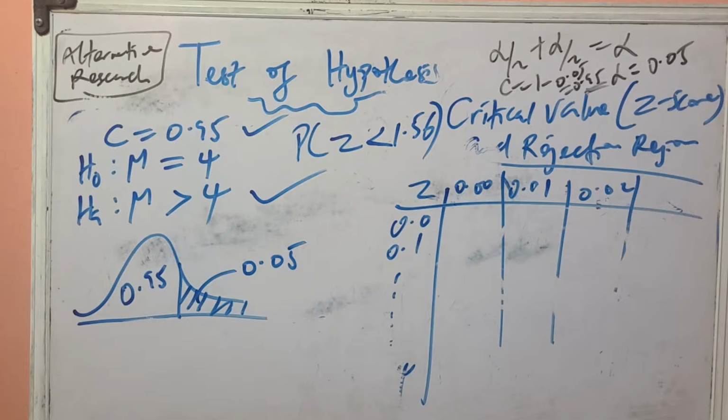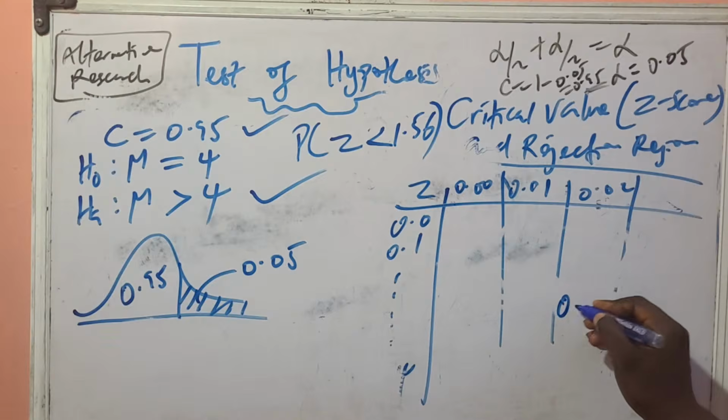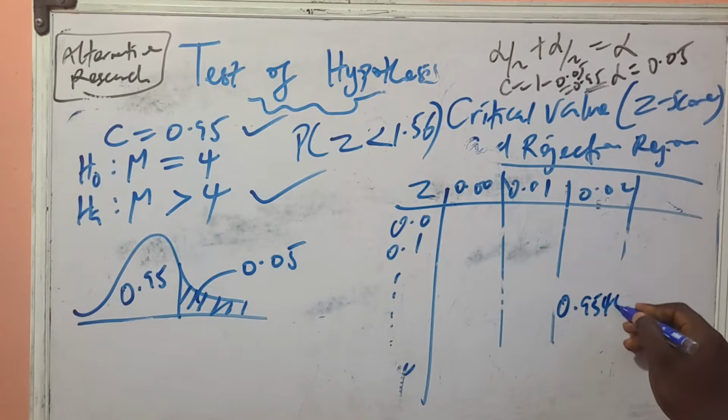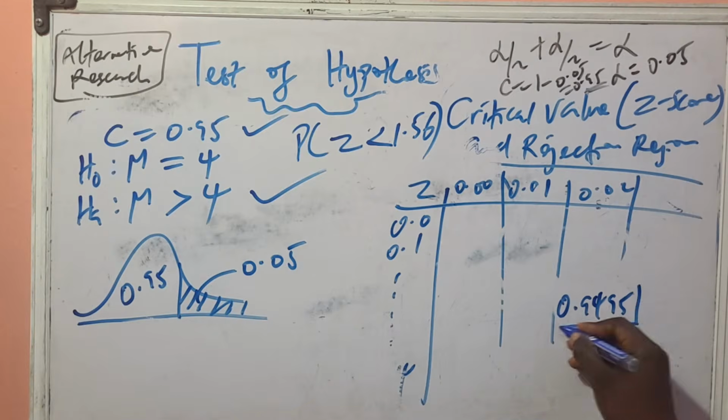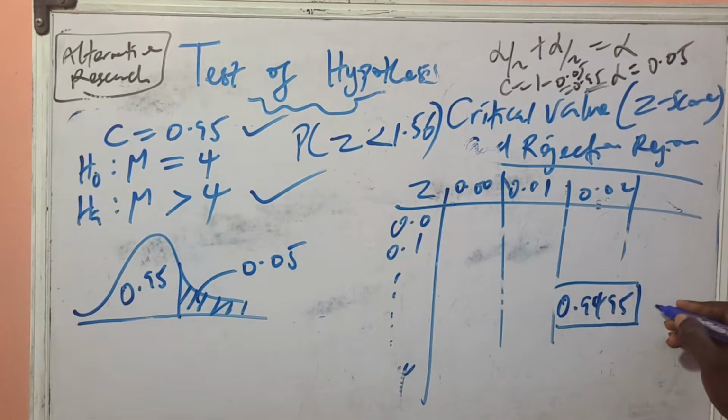Now, what I can see clearly is that there is no 0.95. From the table, I can see 0.9495, and I can see 0.9505.